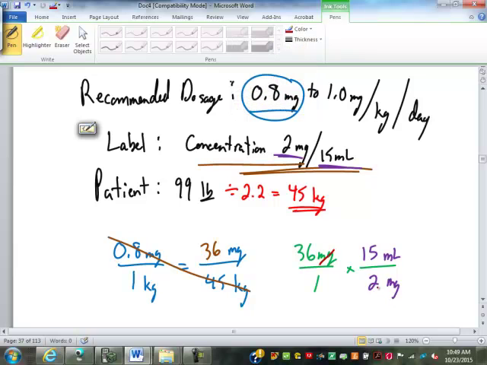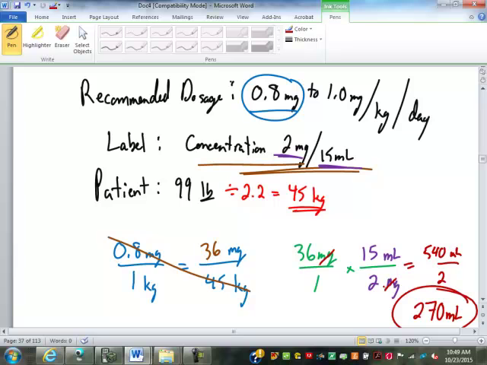So the milligrams cancel out. 36 times 15 is 540 milliliters over 2. That divides out to 270 milliliters. So that patient, you need to deliver 270 milliliters to that patient to give that recommended dosage.